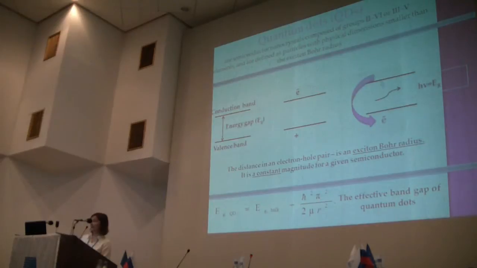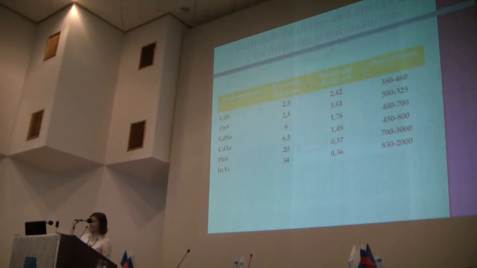The luminescence wavelength depends on this energy gap. For quantum dots, the energy gap depends not only on the energy gap of the bulk semiconductor but also on the radius. What does it give? Depending on the radius, there will be a different wavelength of luminescence.